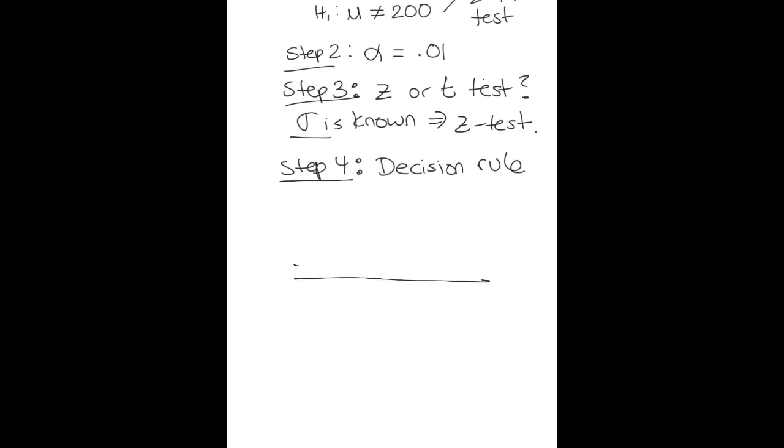So let's draw our distribution. This is a two-sided z-test. And here are our z-critical values: a negative z-critical value, and a z-critical value on the positive side.